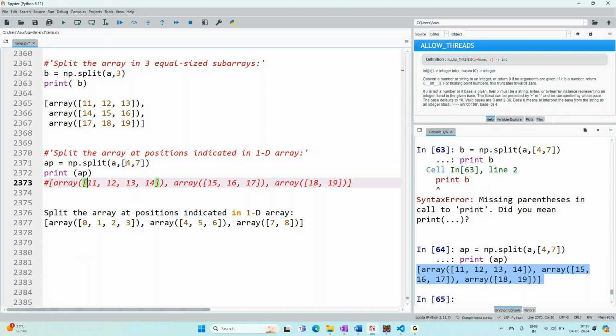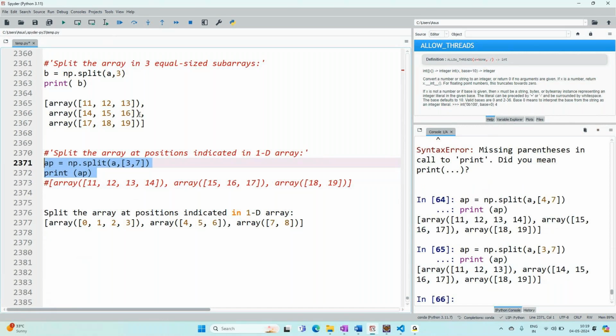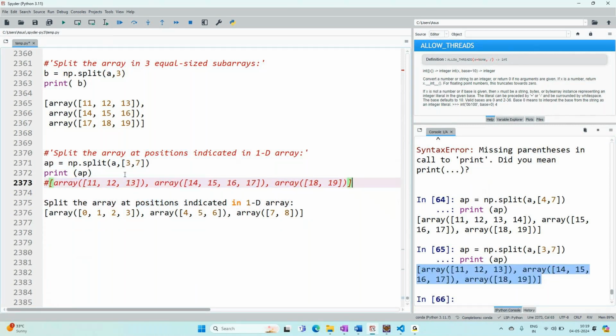Now 4 comma 7, so what we are saying? If I say 3 comma 7, what it says? The first division will be 3. So what exactly is it doing? First will be 3, and the second one it is trying to take 14, 15, 16, and 17. So 3 comma 7, array at positions.